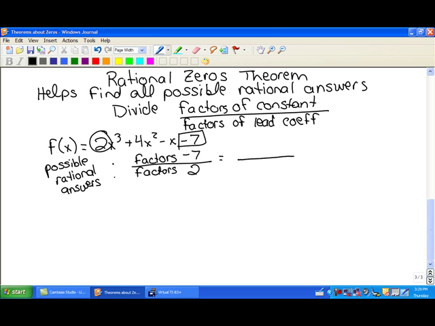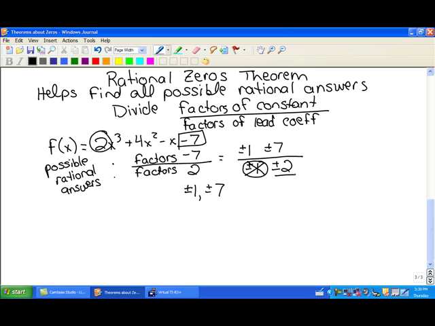Think of the factors of negative 7. You can have plus or minus 1 and plus or minus 7. The factors of 2 are going to be plus or minus 1 and plus or minus 2. Now, with two numbers on the bottom, we want to take each of the top numbers and divide by the bottom one. 1 divided by 1 will be plus or minus 1. 7 divided by 1 will be plus or minus 7.